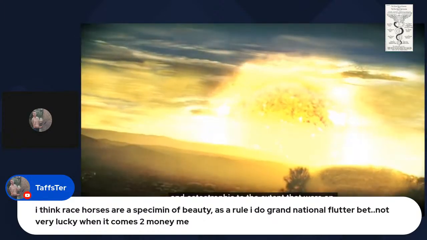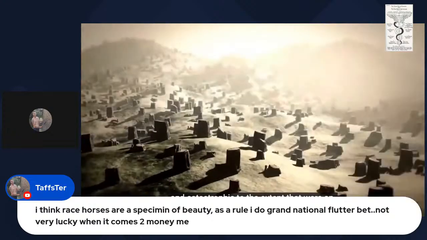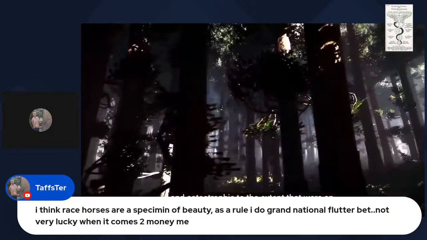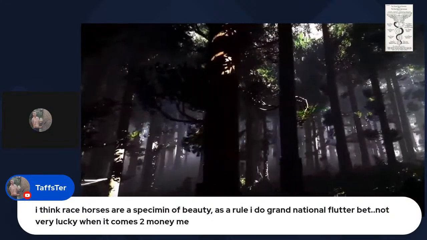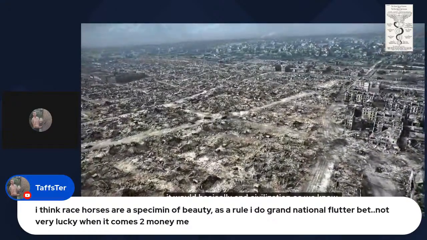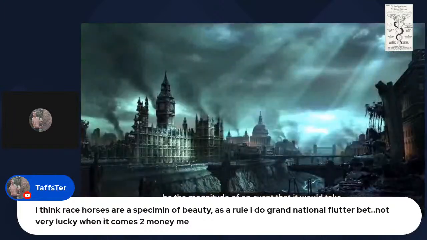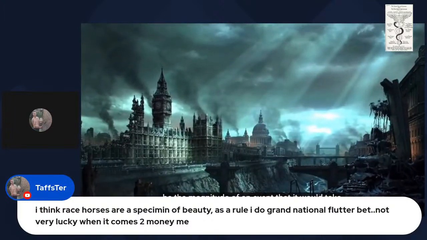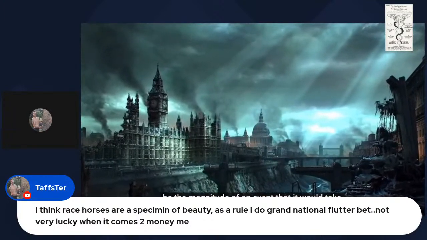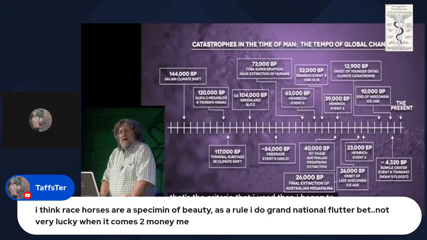And catastrophic to the extent that were an event of an equivalent magnitude to occur now, it would basically end civilization as we know it. That's the criteria I use. What would be the magnitude of an event that it would take to terminate our modern industrial civilization? That's the criteria that I used.